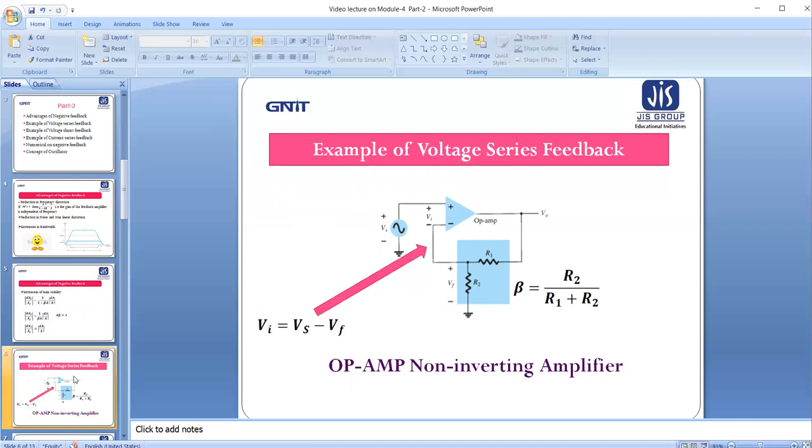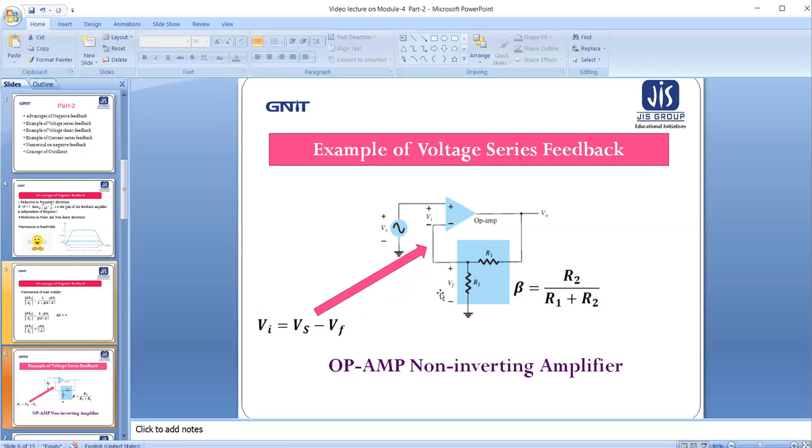But now, to understand what voltage series negative feedback actually is, we must observe the practical circuit. This is a very well-known and interesting practical example of voltage series feedback.